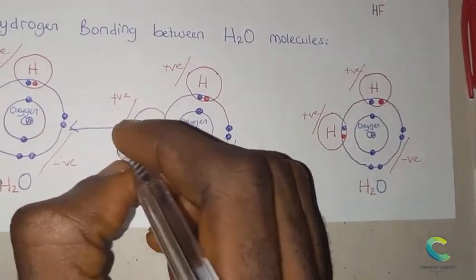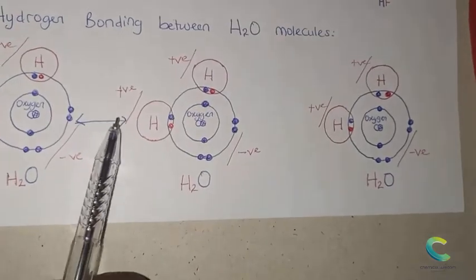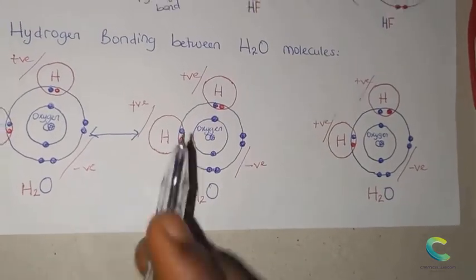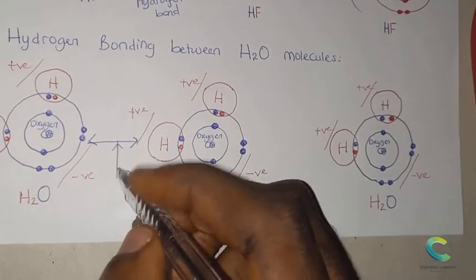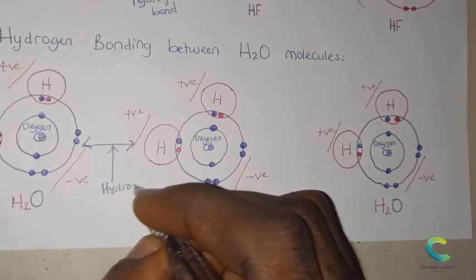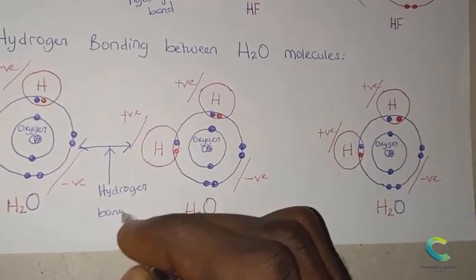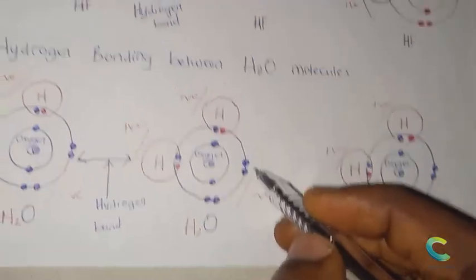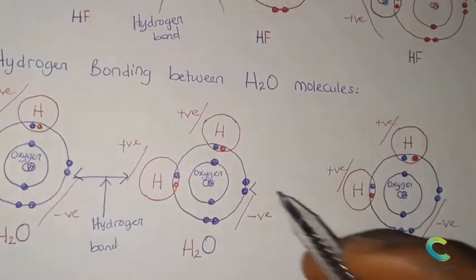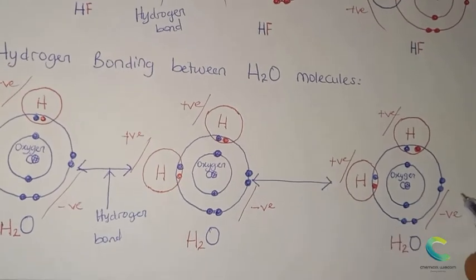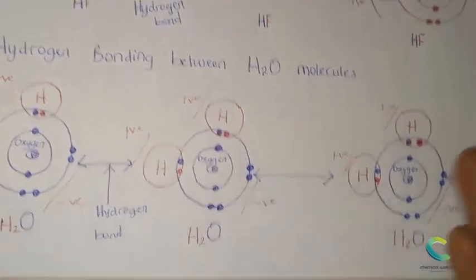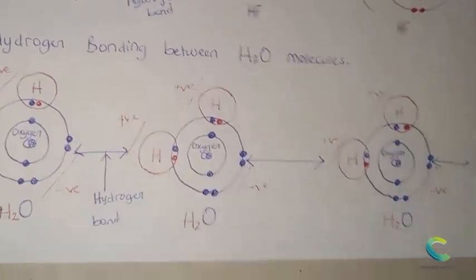This weak force of attraction is the hydrogen bond. And there is another weak force of attraction between this other oxygen end and the hydrogen end. So that's how it keeps on going and going.